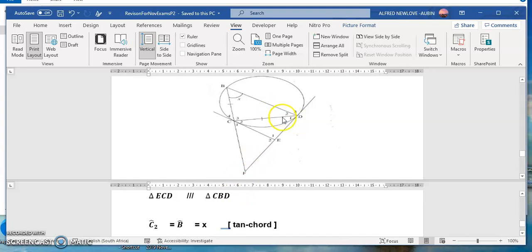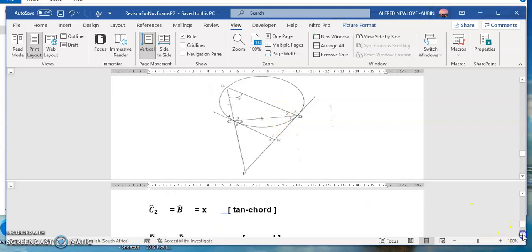So we need to prove that D1 is equal to D2. We proved above that D1 is equal to x, tan chord, and D2 is also equal to x, angles opposite equal sides.